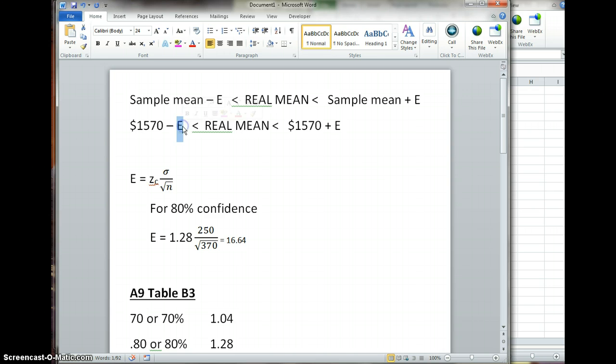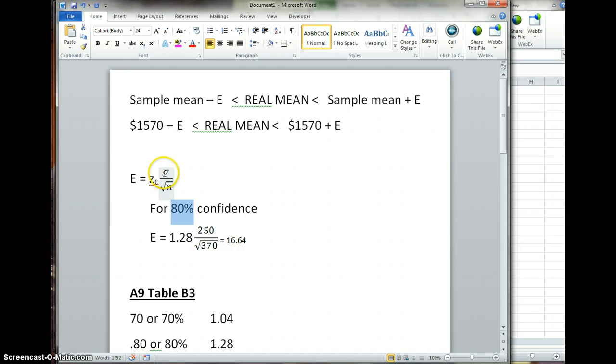And to figure out what we minus and what we're plussing, we use that formula on page 342. And I'm going to do the example for 80% confidence. And then for the problem, you're actually going to do 90% and 99%. I believe that's what it says.